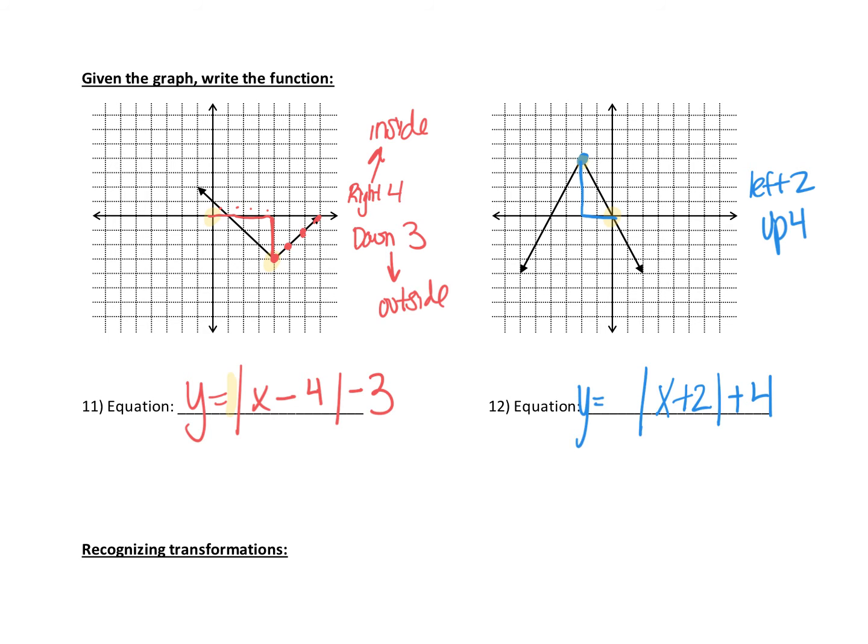But now I can see that my graph is pointing down, so I know there's going to be a negative on the outside here. But I've got to figure out what that slope is. So I want to compare my starting point to the next point that I can see, and it looks like I go down 2 over 1, down 2 over 1, down 2 over 1. So I know my slope is going to be -2. Or you could write -2 over 1, but it would reduce to -2. And so that's what that equation would look like.